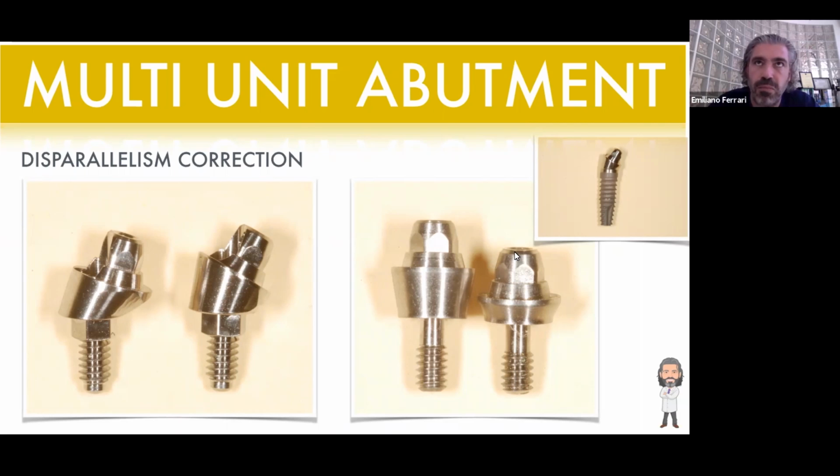You have 15, 17, 30, 35 degrees, depending on the brand of the implant. And they are two-piece abutments because you have the master piece and a secondary screw to connect the abutment on the head of the implant. So the idea is to always use one-piece multi-unit abutments, so straight multi-unit abutments.